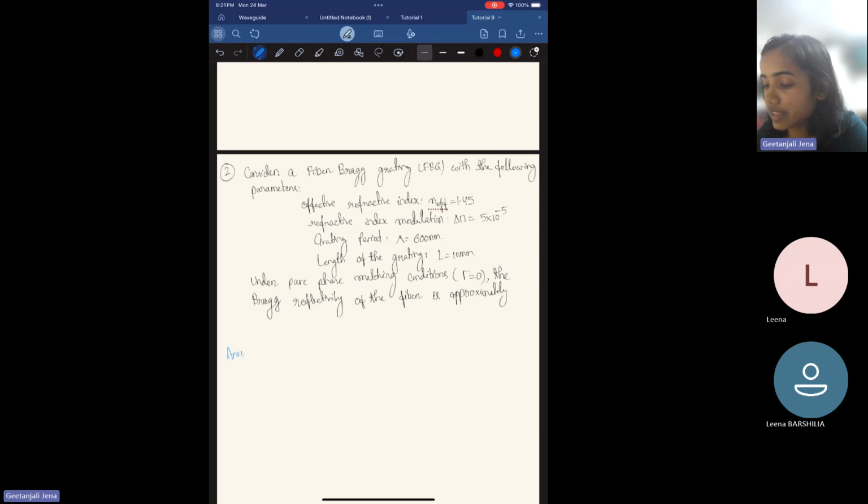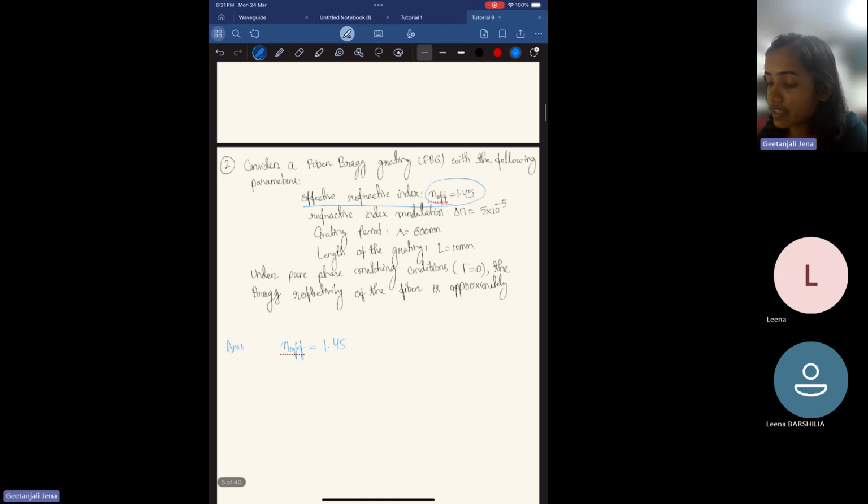Effective refractive index n effective is given, which is 1.45, and the refractive index modulation is also given.